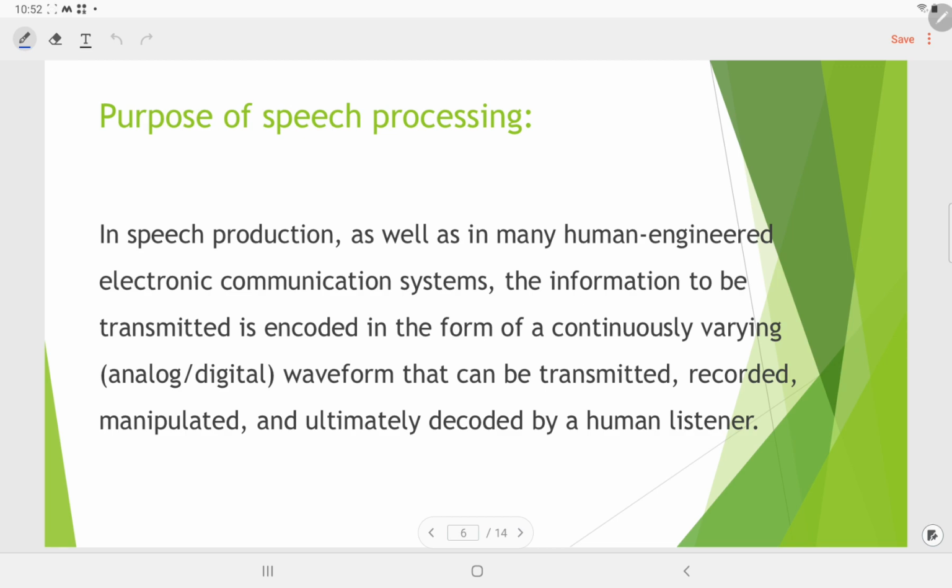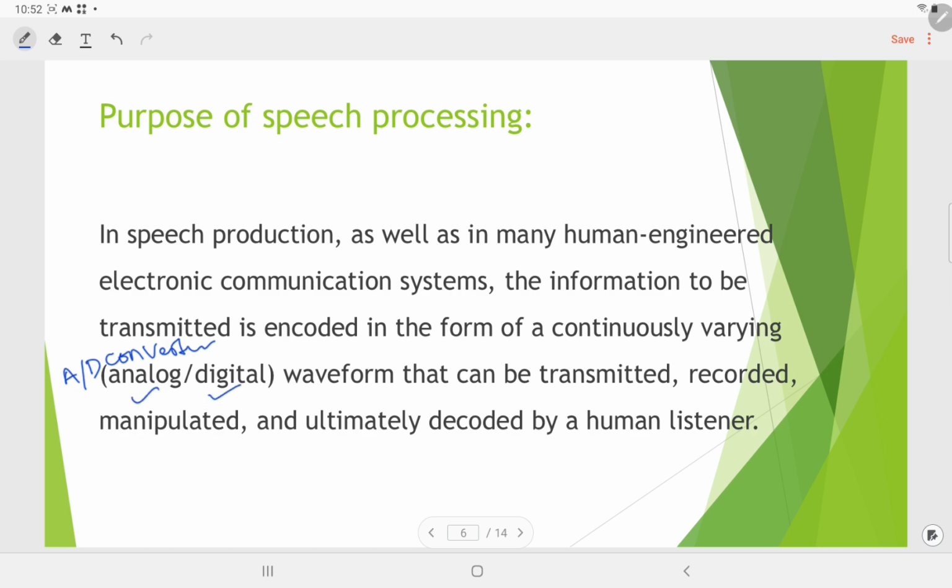In general, in speech production as well as in many human-engineered electronic communication systems, the information to be transmitted is encoded in the form of a continuously varying waveform. It might be analog or digital. If you are working with a digital signal, then you need an analog to digital converter for converting the analog signal to digital.